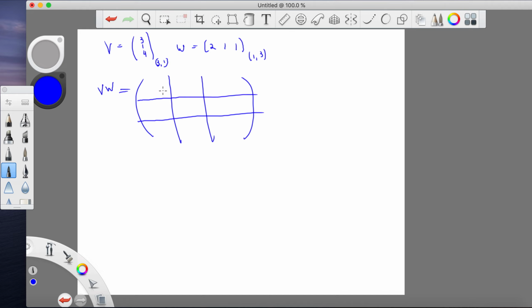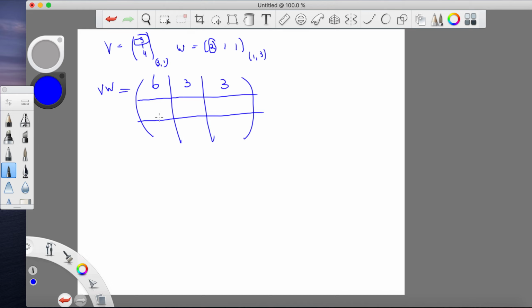Okay. So the first entry is the 1, 1 entry, right? So you take the first row, which is right here, and multiply it by the first column. So that should give us 6. And now in this second element, we multiply the first row by the second column. So that's 3 times 1, which is 3. And then the first row by the third column, which is again 3.